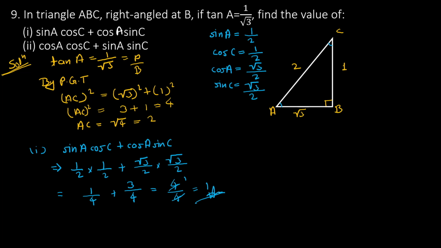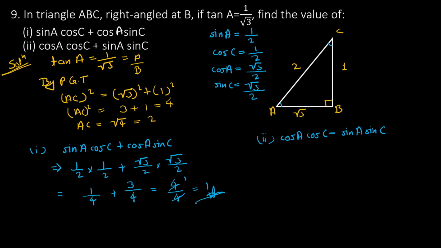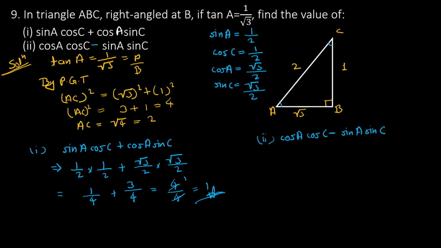Now we'll find the second one: cos A cos C plus sin A sin C. This one is not plus, this one is minus. In this question also it is by mistake. So we will use minus.